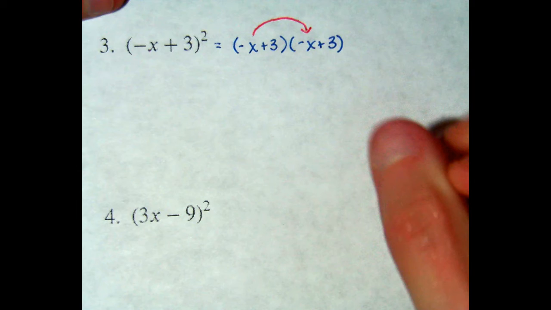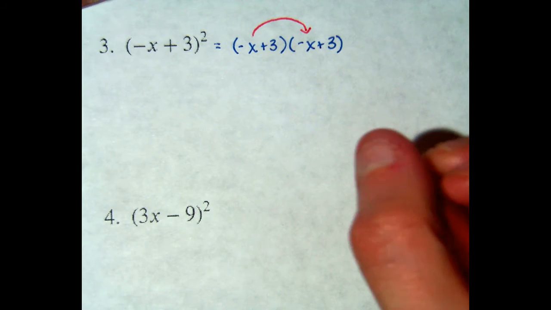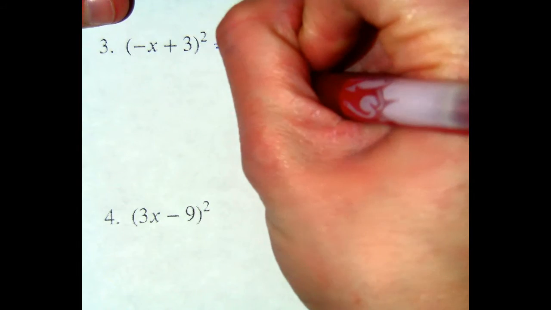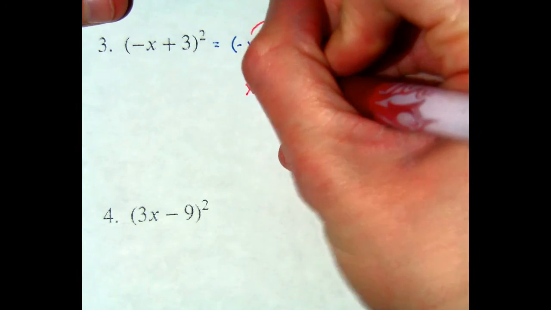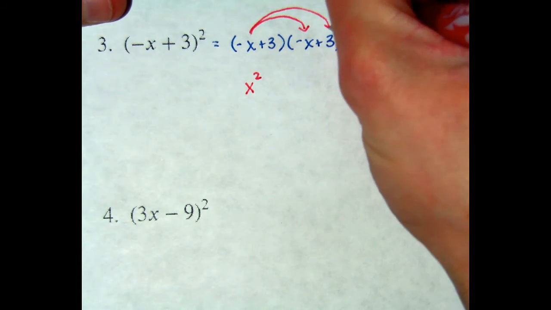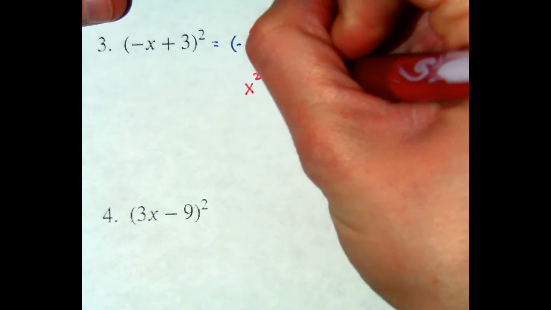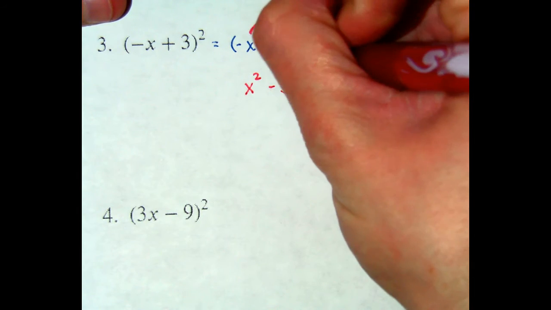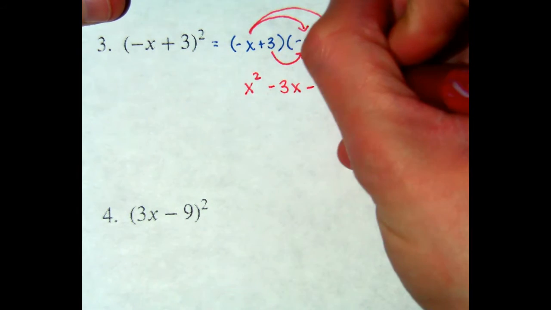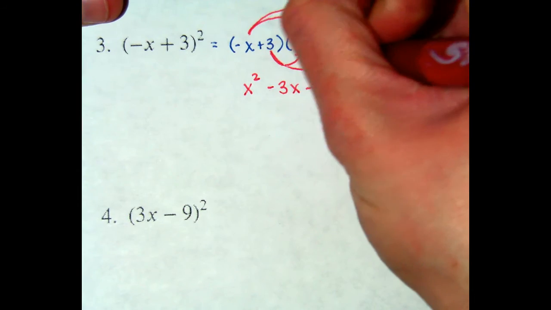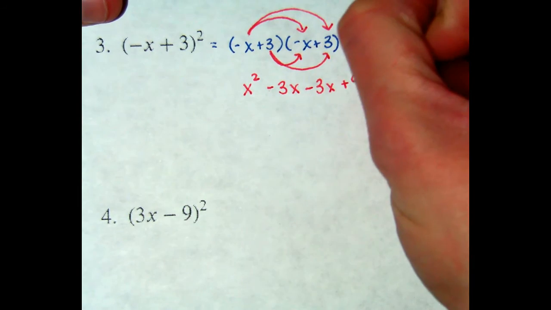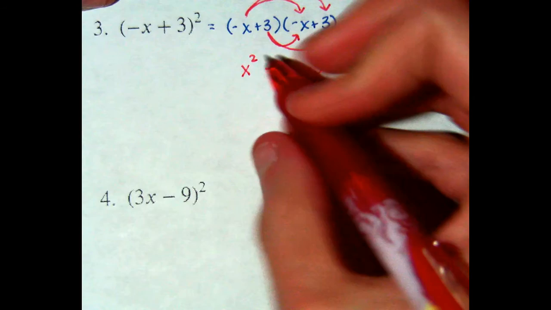Okay, what's negative x times negative x? Positive x squared. Okay, negative x times 3. 3 times negative x. And 3 times 3. Okay, combine like terms, what'd you get?